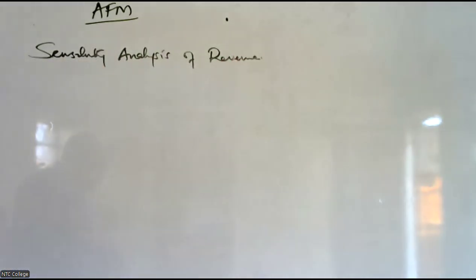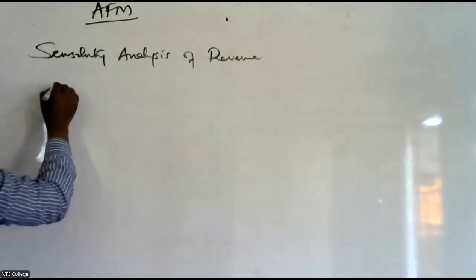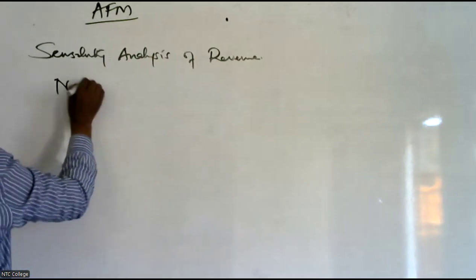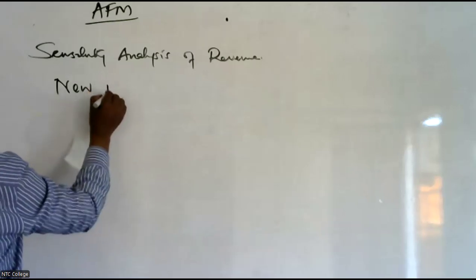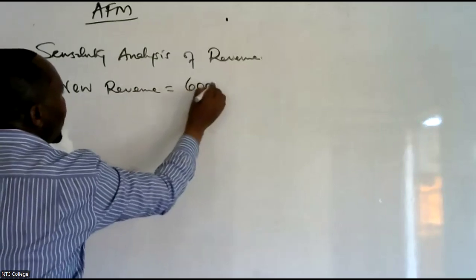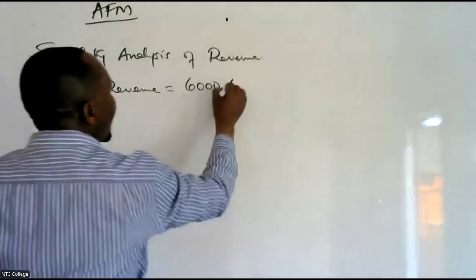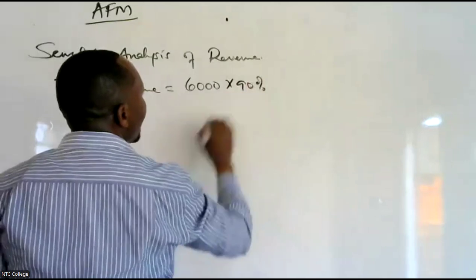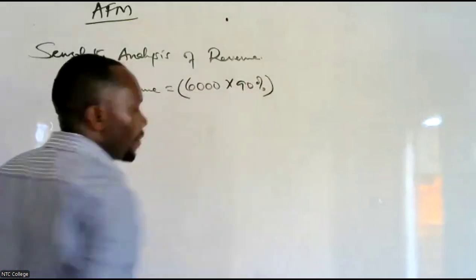Sensitivity analysis of revenue. So what happens is that we need to get our new revenue. What is the new revenue? Because it is the revenue that has changed. New revenue is 6,000 was the original times 90% because 10% is gone.